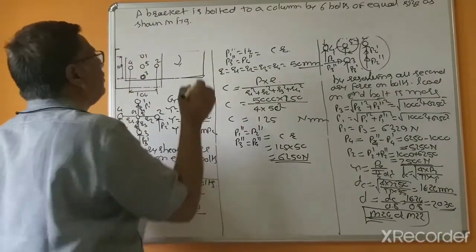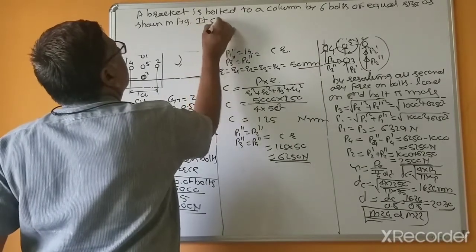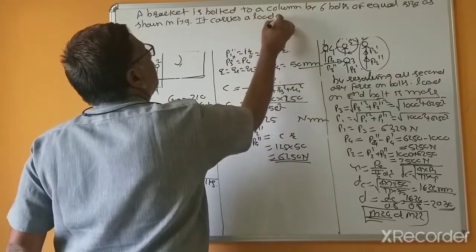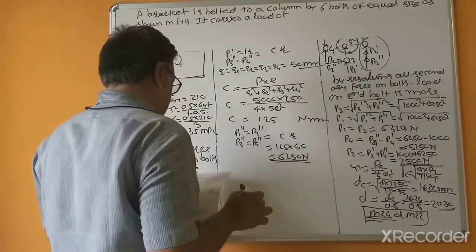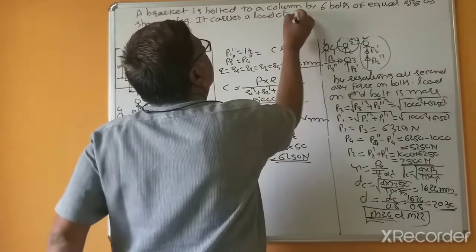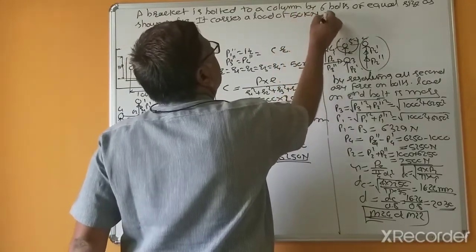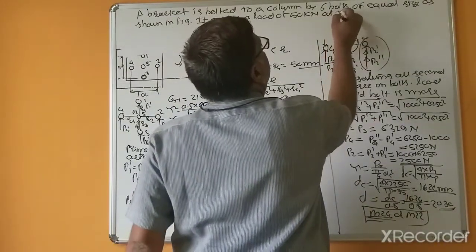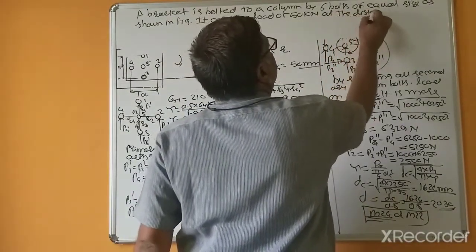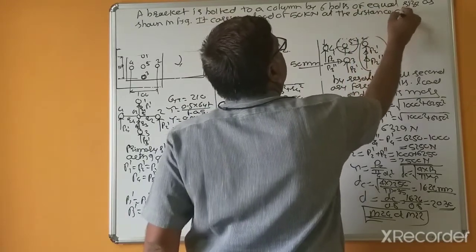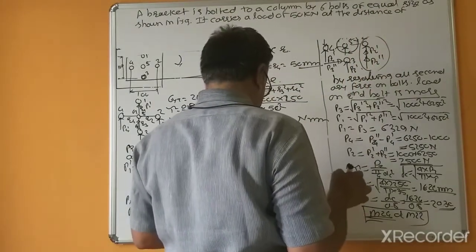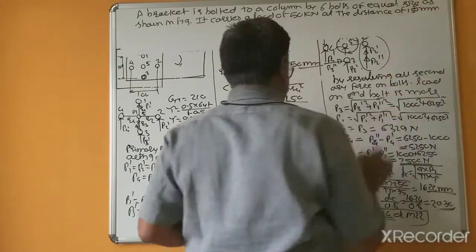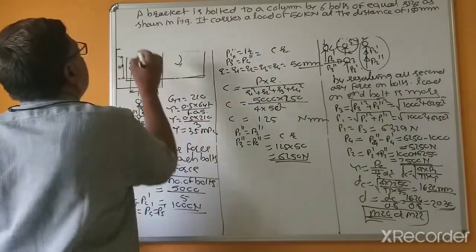It carries a load of 50 kilonewton at the distance of 150 mm from the center of the column.